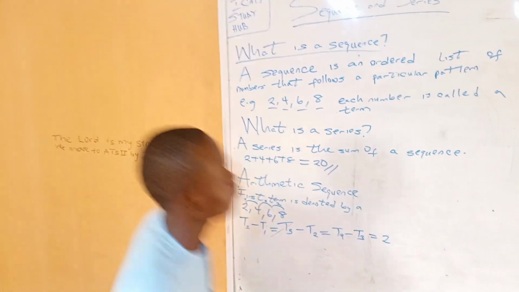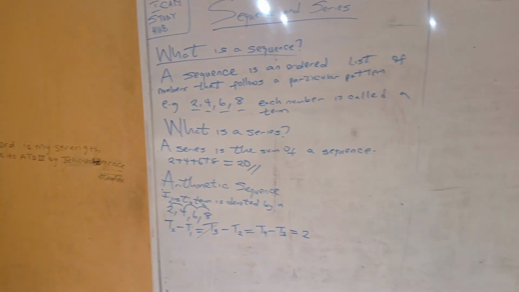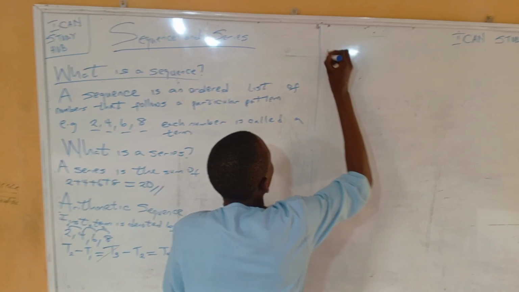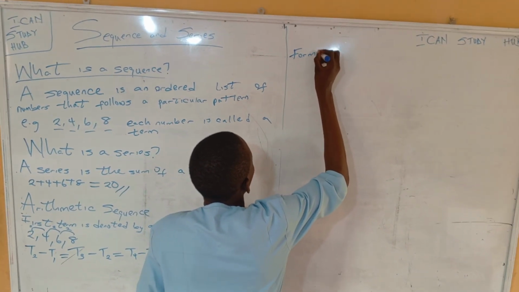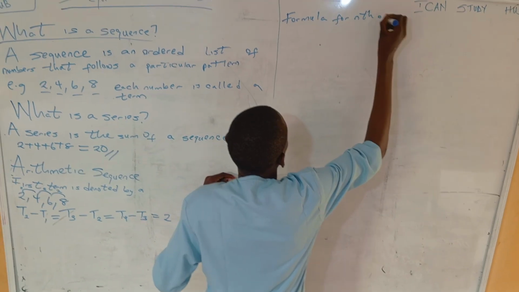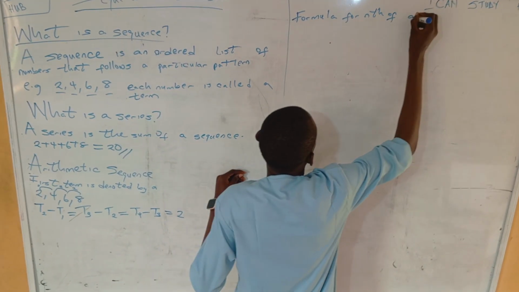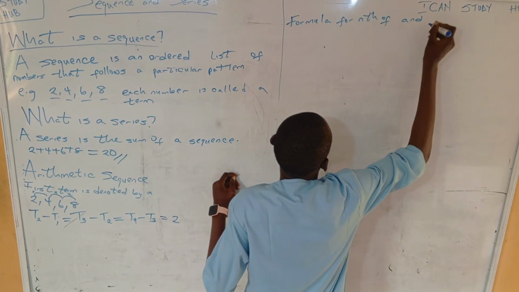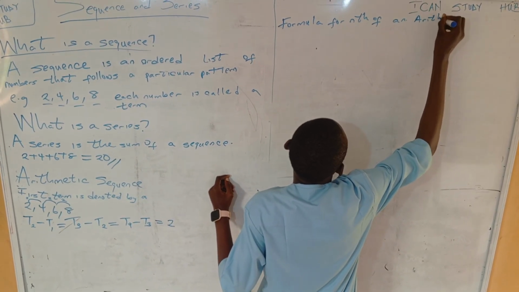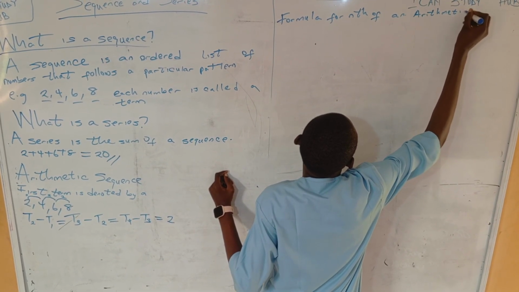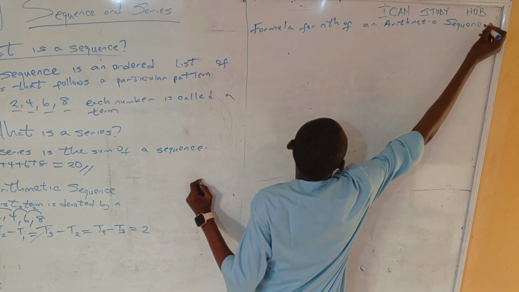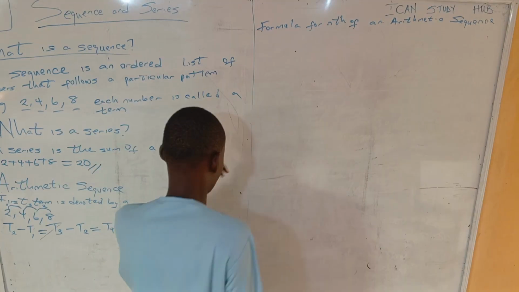So now, if you want to find the nth term, the formula for the nth term of an arithmetic sequence is actually very simple.